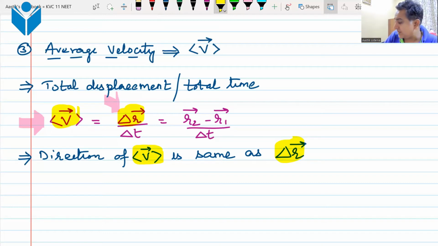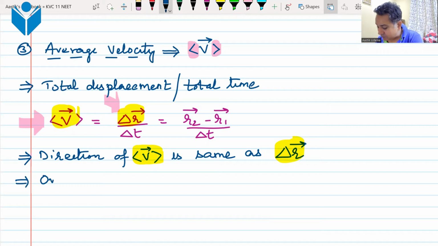What would be the fourth type? Oh, before moving on to the fourth type, you must remember that whenever we talk about average, whether average velocity or average acceleration, it is always calculated over an interval of time, from one time to the other time.